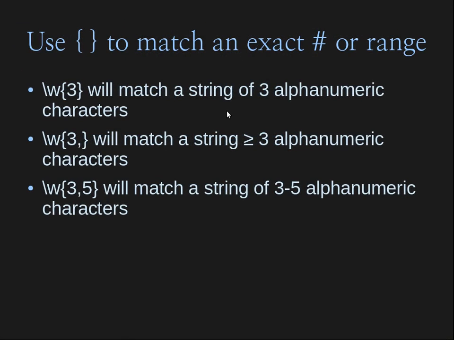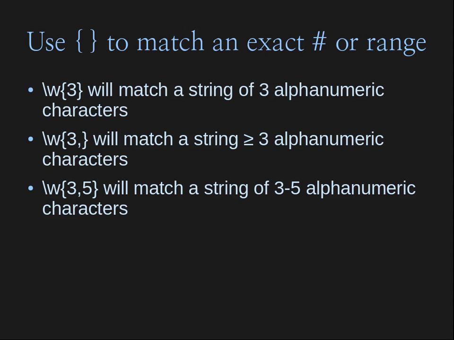So imagine that I want to match an exact set of numbers. What I can do to get that is use the curly brace. Okay. Well, the squiggly brackets, I don't know. And this will match an exact number that we put into them. So for instance, \w and then the curly brace 3 will match a string of exactly 3 alphanumeric characters. So this is the exact same thing as putting \w, \w, \w.